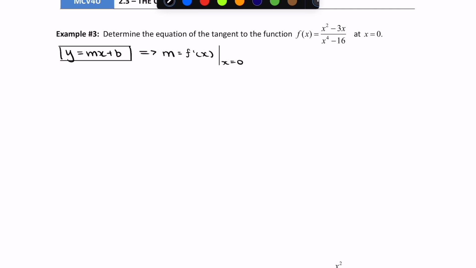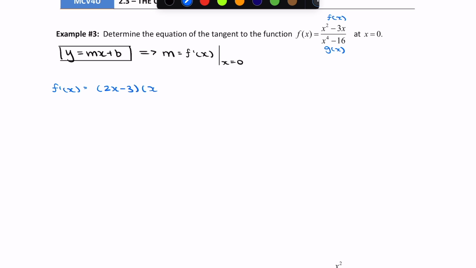So here we have f prime of x is equal to, f of x again over g of x. So the derivative of x squared minus 3x is 2x minus 3.